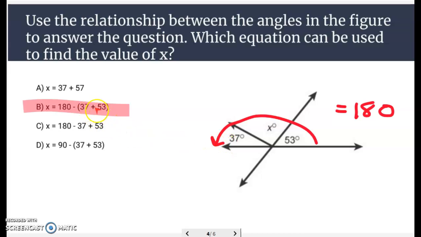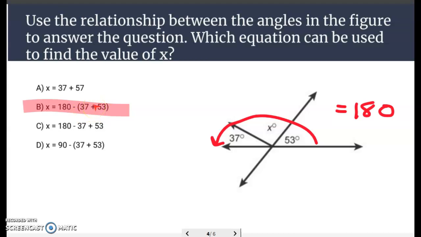We could in fact add them together first, as they're showing here, sort of a distributive property. We could distribute that negative sign if we wanted to and have minus 37 minus 53, but we get the same result no matter what. And if we were to plug that in a calculator, we would get 90. The missing angle would be 90 degrees.